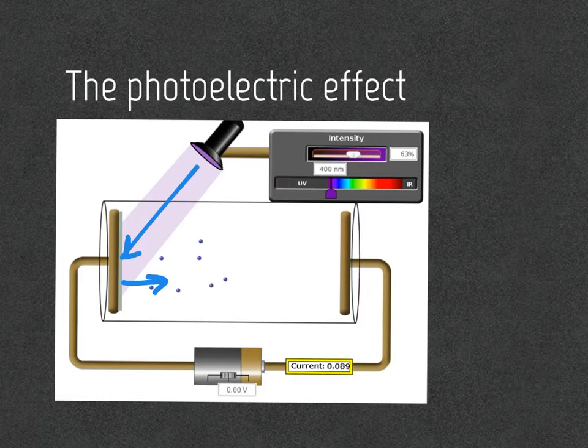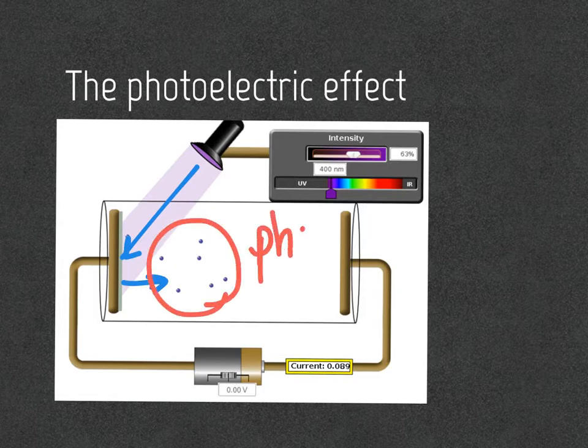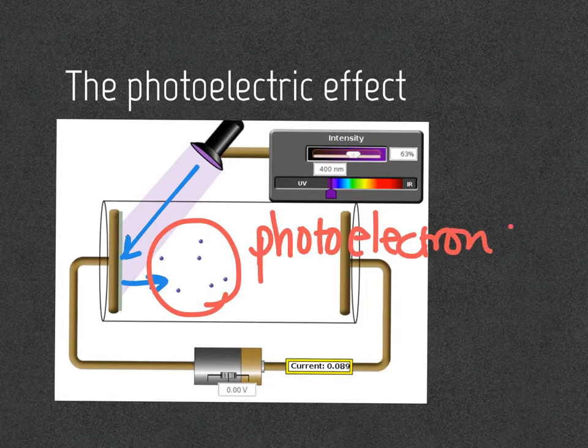And that plate is some sort of metal that the electrons are knocked off. Now they call these electrons photoelectrons. Photo having to do with light, and then of course electrons because they're electrons. They're not a different kind of electron, they're just identified that way so we know where they've come from.